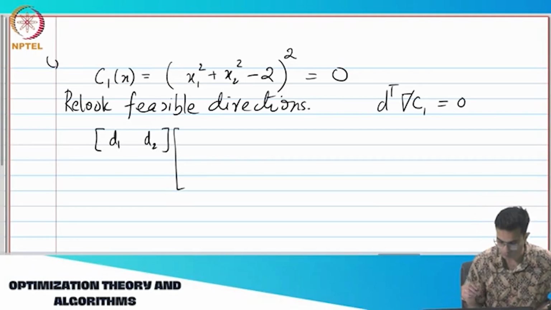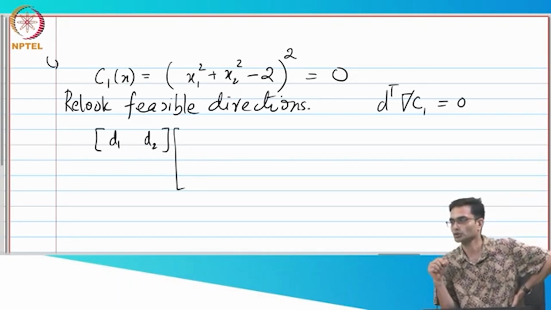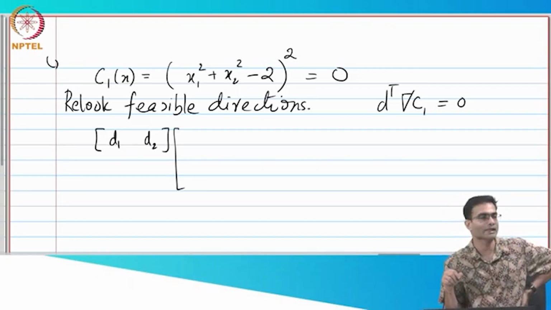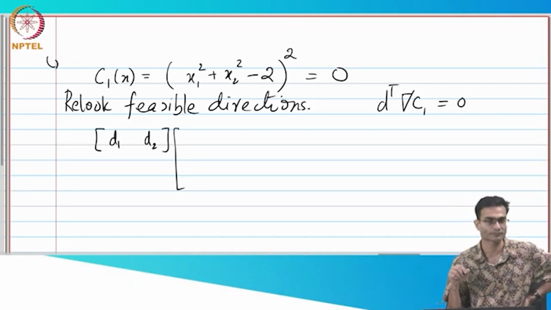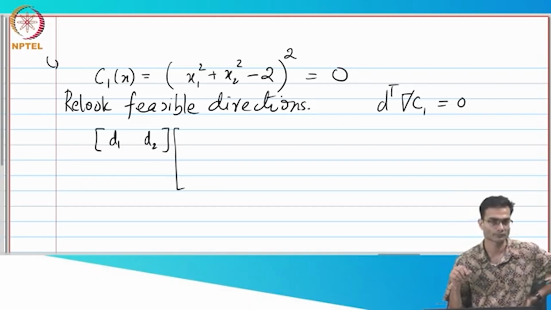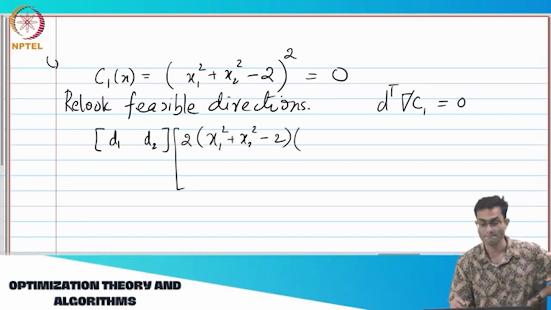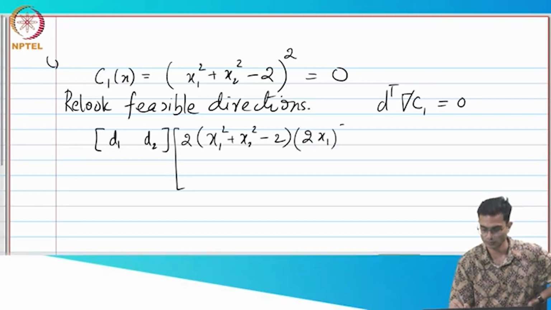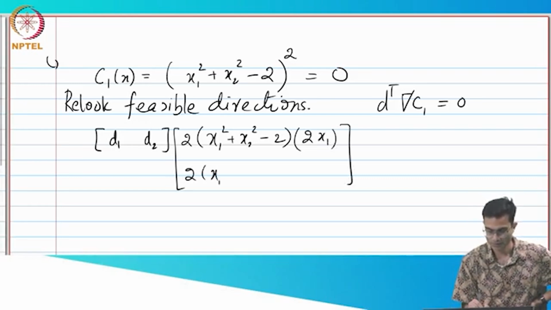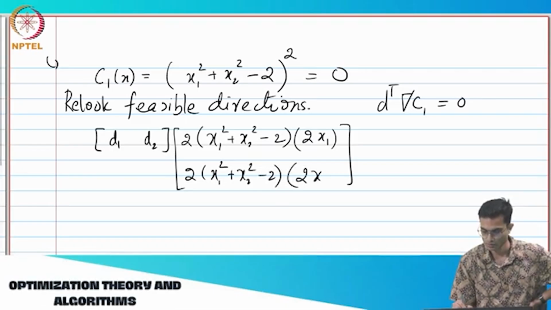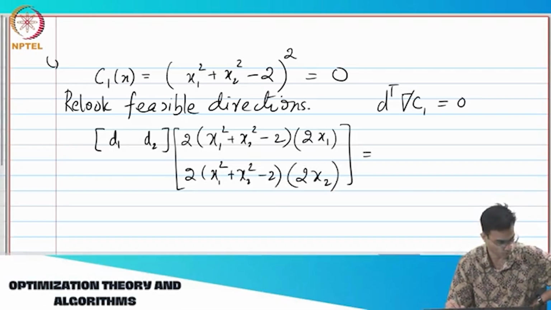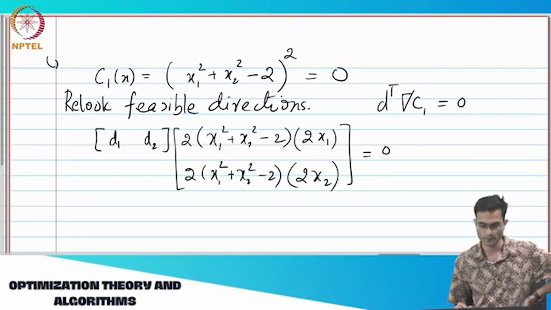Now let's put down grad C1. So dC1 by dx1, what am I going to get? 2 times (x1 squared plus x2 squared minus 2) multiplied by 2x1, and 2 times (x1 squared plus x2 squared minus 2) times 2x2. This whole thing should be equal to 0.